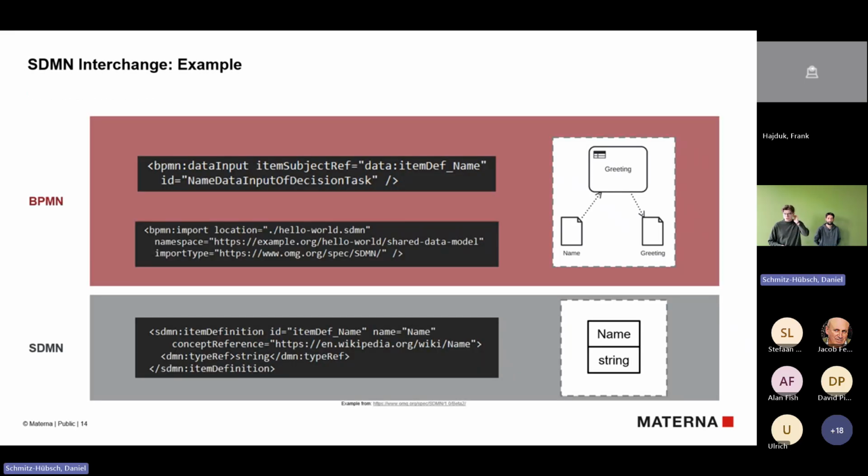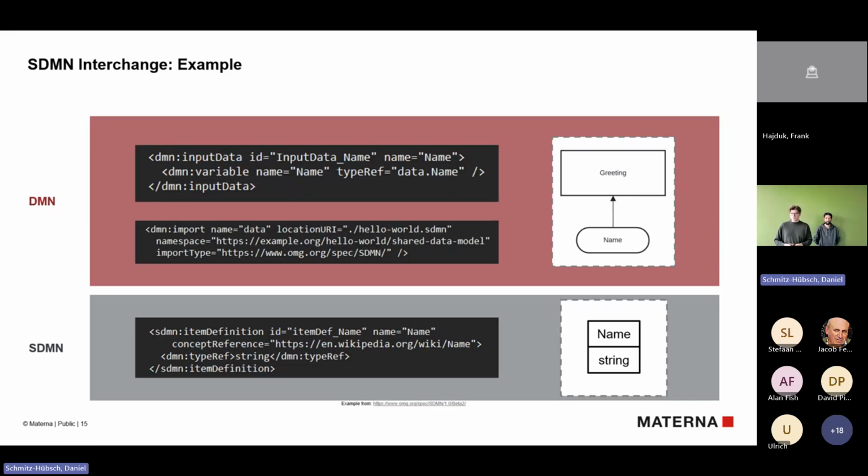Now I want to show two examples. I mean, this is kind of technical, but we only look at the simple things, the diagrams on the right. In SDMN, we define an item definition, which is only a name, which has a string as the type. And we can then just import this SDMN item definition into our BPMN model, and then use it as a reference, for example, in this data input.